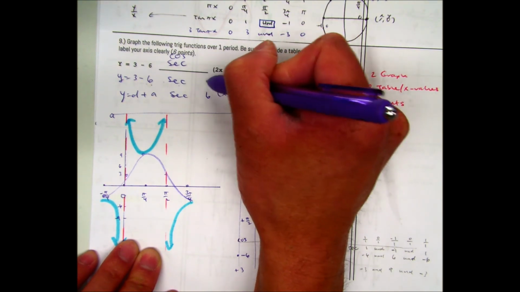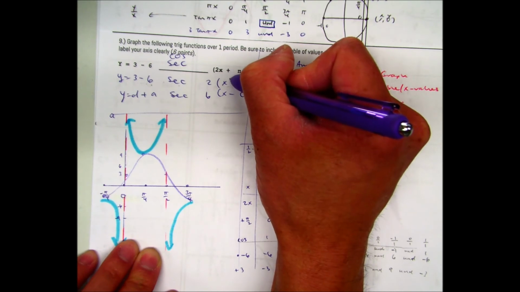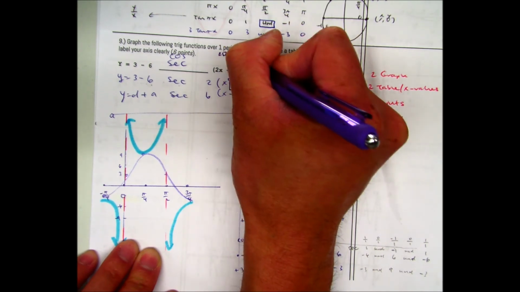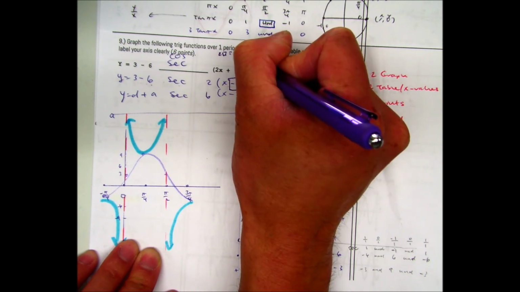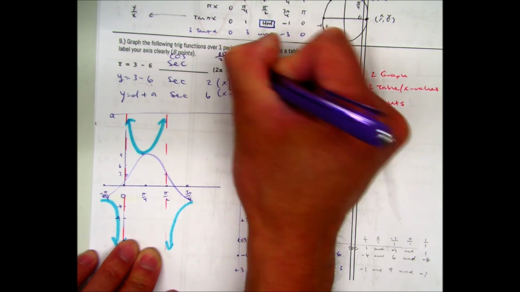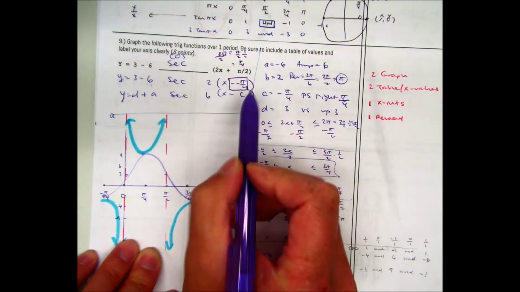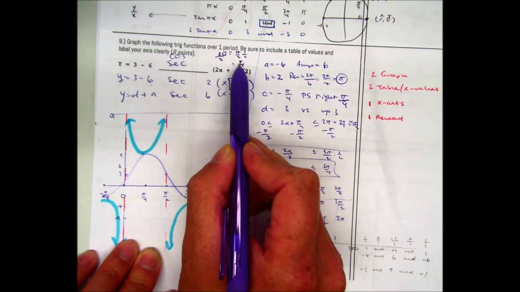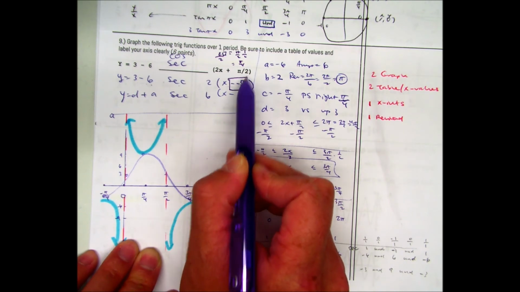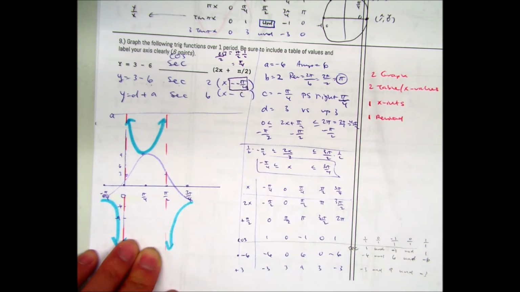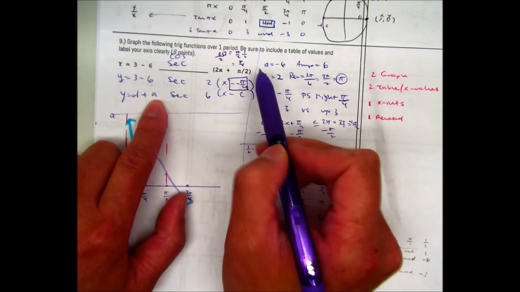Well, that is x. 2 times the box is going to equal pi over 2. If I divide by 2 here, then I get pi over 4, and this is a positive pi over 4, so the same way of saying pi over 4 is the opposite of a negative pi over 4. So that tells you my A value is negative 6.